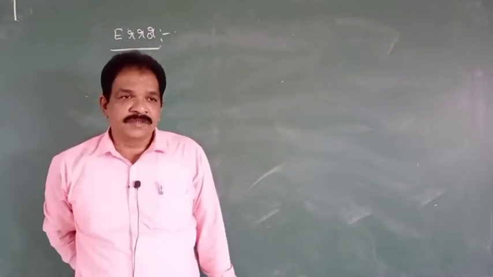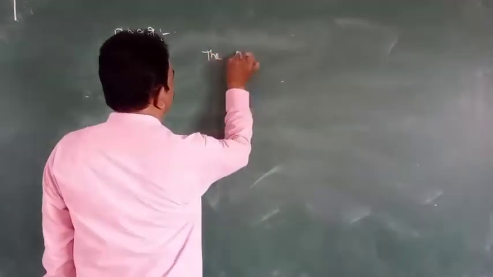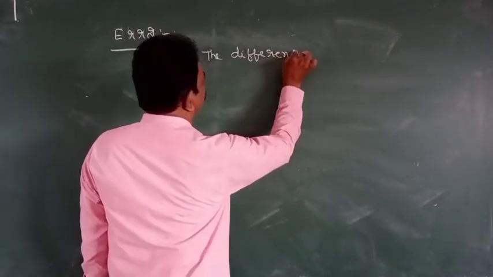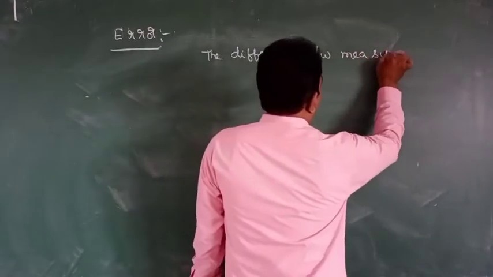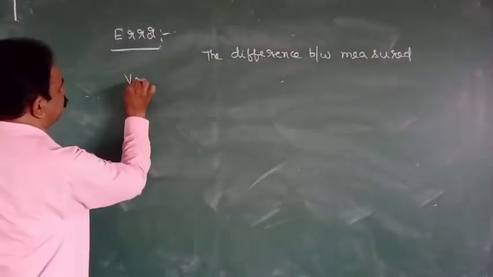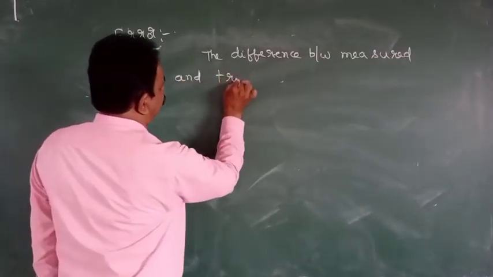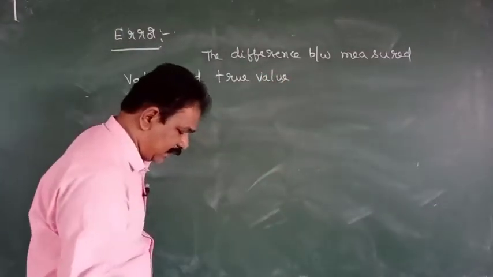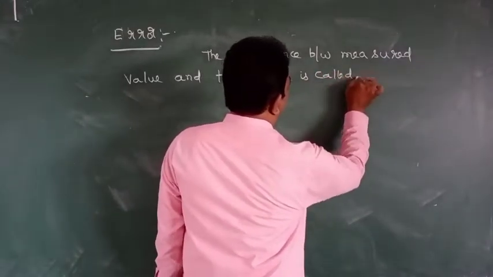Error means the difference between the measured value and the true value is called error.